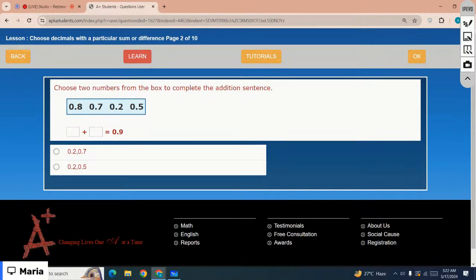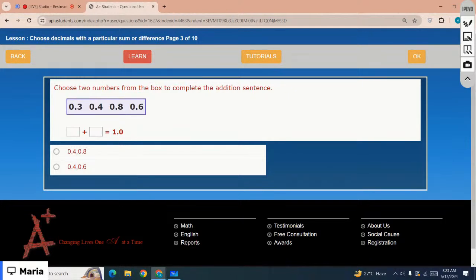Choose two numbers from the box to complete the addition sentence. So, which is the correct option? That is option number one. 0.2 plus 0.7 equals 0.9. Choose two numbers from the box to complete the addition sentence.